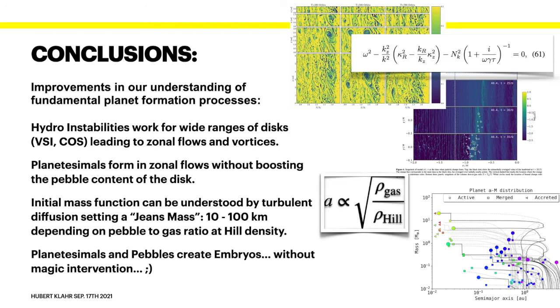So in these zonal flows, if you have them, as I said, you can form planetesimals without boosting the pebble content of the disk. The initial mass function of this planetesimal formation, I think, one can understand as a kind of Jeans mass, so that something between 10 and 100 kilometers can be estimated just by knowing the local dust-to-gas ratio, at pebbles reaching Hill density.